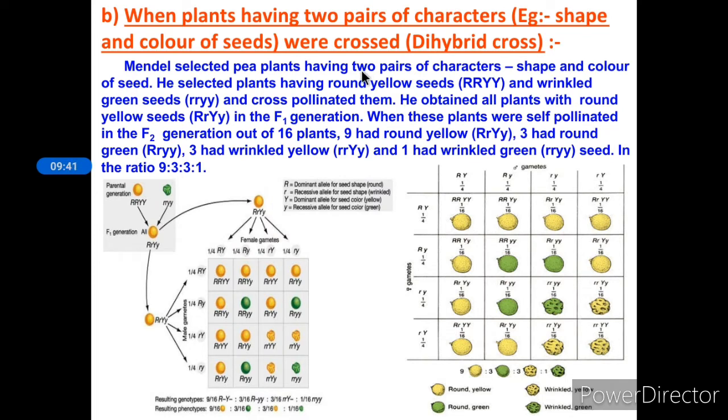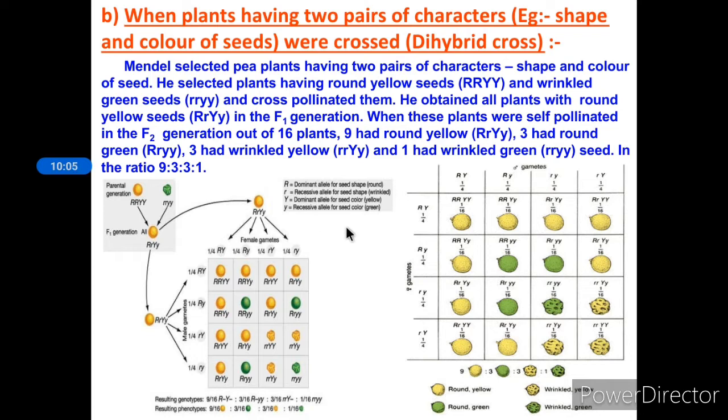When a plant having 2 pairs of characters was crossed, what happened? Here 2 pairs of characters were selected, and the characters are shape and color of seed. So Mendel selected pea plants having 2 pairs of characters, shape and color of seed.